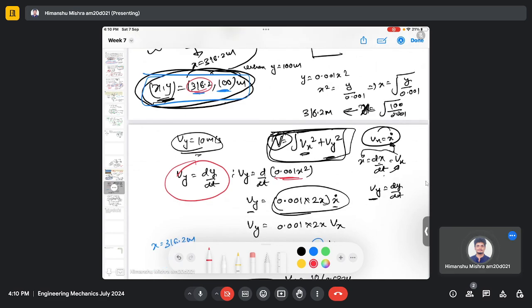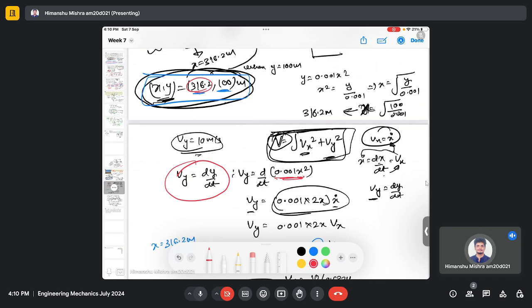Otherwise you will not get any component of acceleration and velocity, because if it depends only on x, it is independent of time at all. So acceleration and velocity will not vary in time. That's why this position should be a function of time.